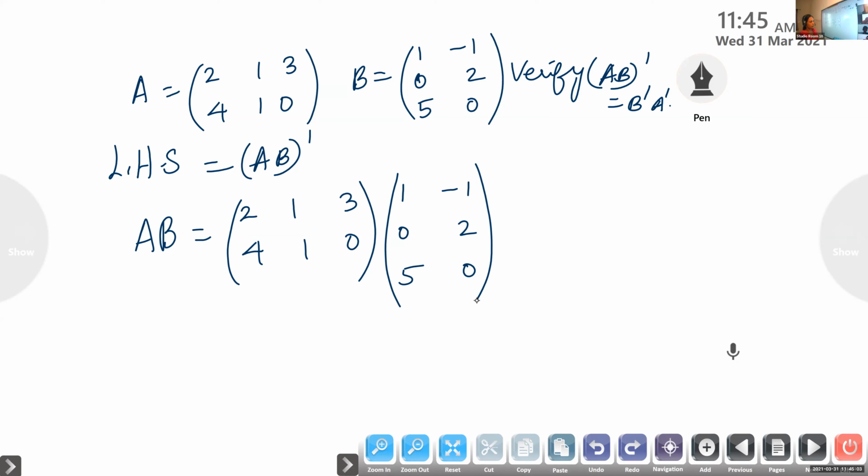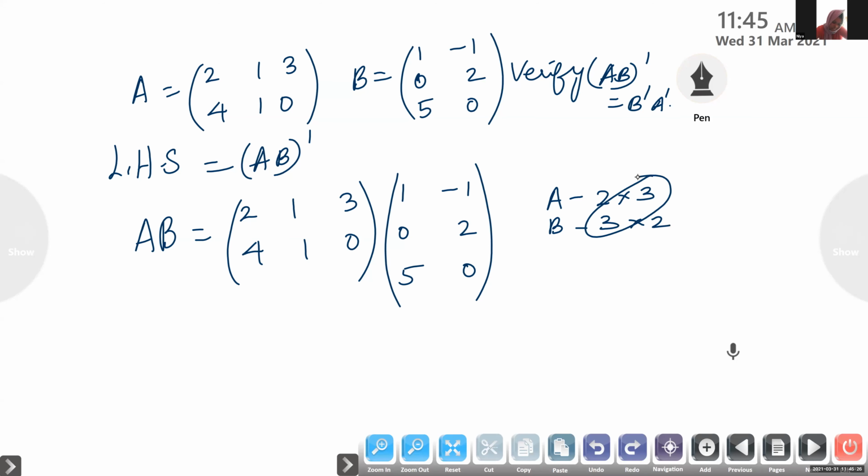Now check whether it satisfies the condition for compatibility for matrix multiplication. What is the order of the first matrix, A, Nia? 2 by 3. And what is the order of B? 3 by 2. Is it possible to multiply?